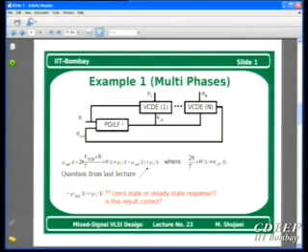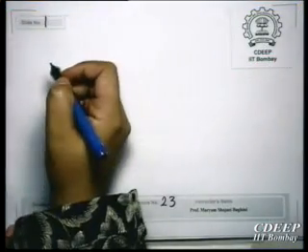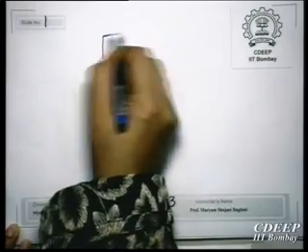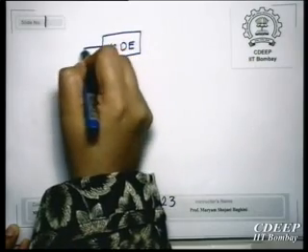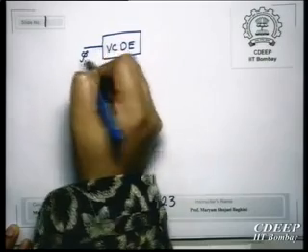Okay, so now interestingly, if we want to write it, how will it be? Suppose I have a delay element, and this is a small signal, okay?